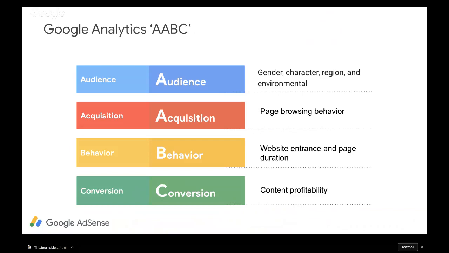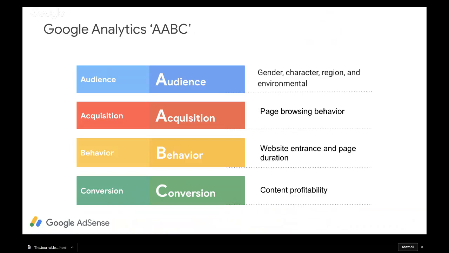First one is audience insight. You can get to know the gender, character, region, and environmental habits of where your customer is coming from. Then you can make some judgments, I would say, and some insights on acquisition. And you can see page browsing behavior there as well. You can deep dive into behavioral things here, and you can see the website entrance and page duration.